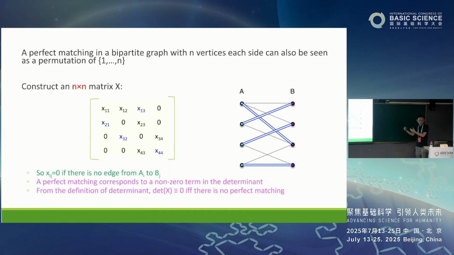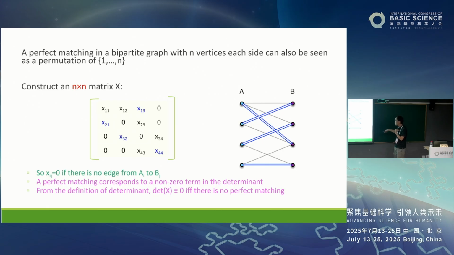So if there is no edge, the entry is 0, and if there is an edge, there is a variable. A perfect matching corresponds to a non-zero term in the determinant.